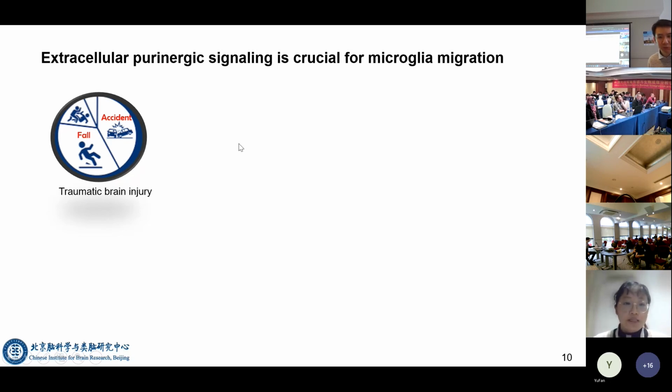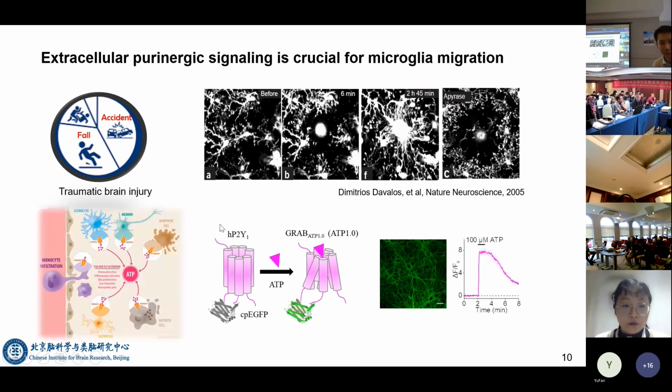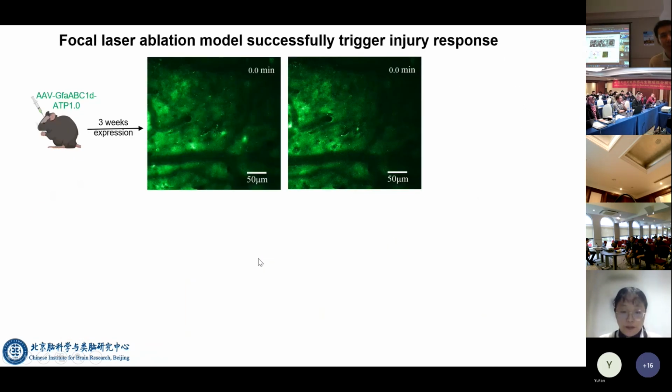Dr. Gan's group found that microglia will move to the injury, and the questions involved are how ATP is released and how ATP is sensed by microglia.